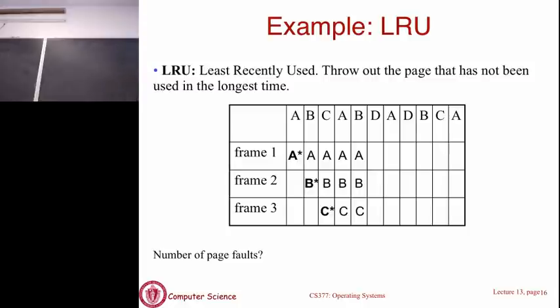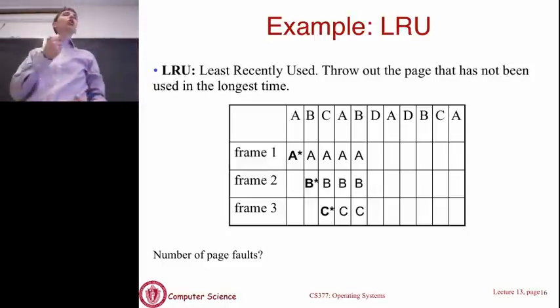So we're going to throw out the page that's not been used in the longest time, right? So we have A, B, and C to consider. A was accessed 2 units in the past, right? B was accessed 1 unit in the past, and C was accessed 3 units in the past, right? So what are we going to throw out? C, right?